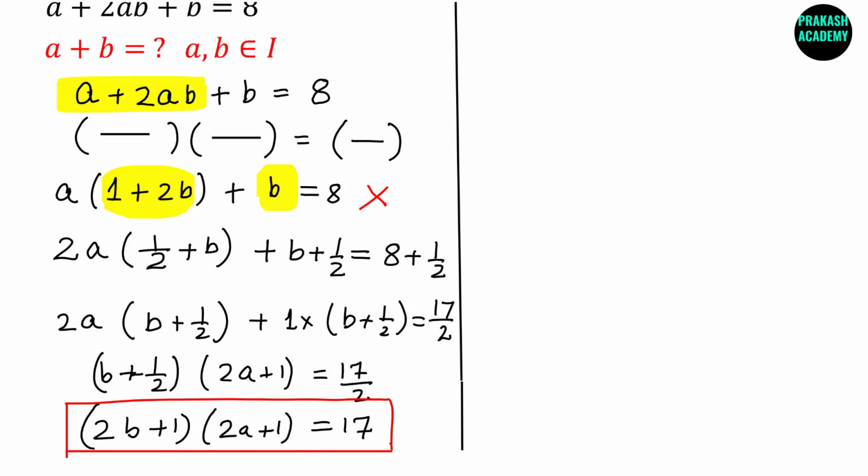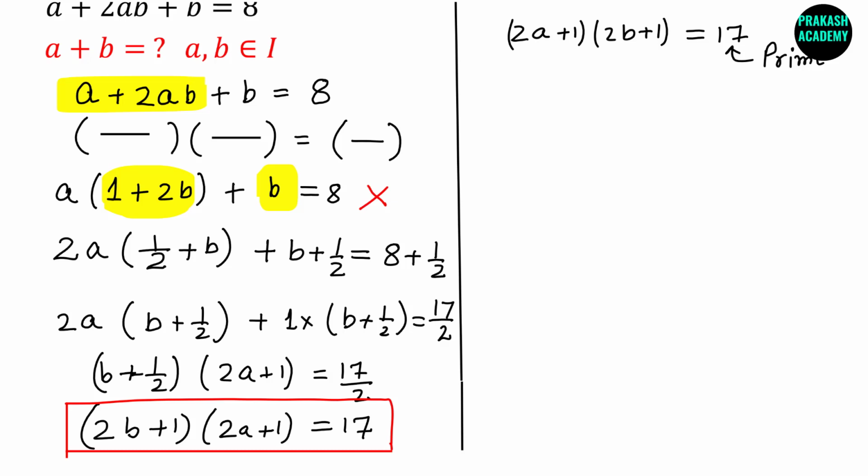Now we have to solve for a and b. So let us see this once again. I have (2a + 1) multiplied by (2b + 1) equal to 17. Now 17 is a prime number, so we have limited factors. This will be 1 into 17 or 17 into 1.